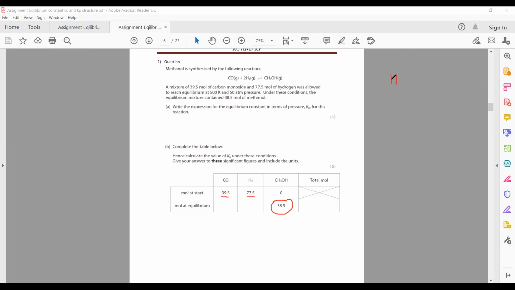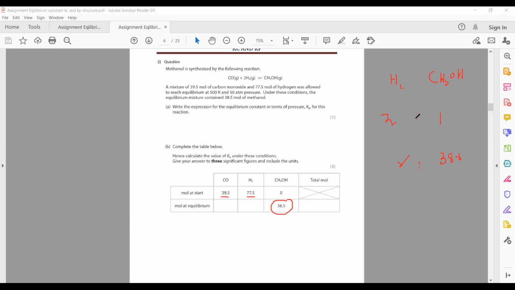To know the moles of reactant at equilibrium, it's the original mole minus the reacted. So we first have to find the reacted moles. How to find the reacted moles? By taking the simplest ratio, 2:1 according to the equation. If 2:1 is the ratio and we have 38.5 moles, then this will be X.